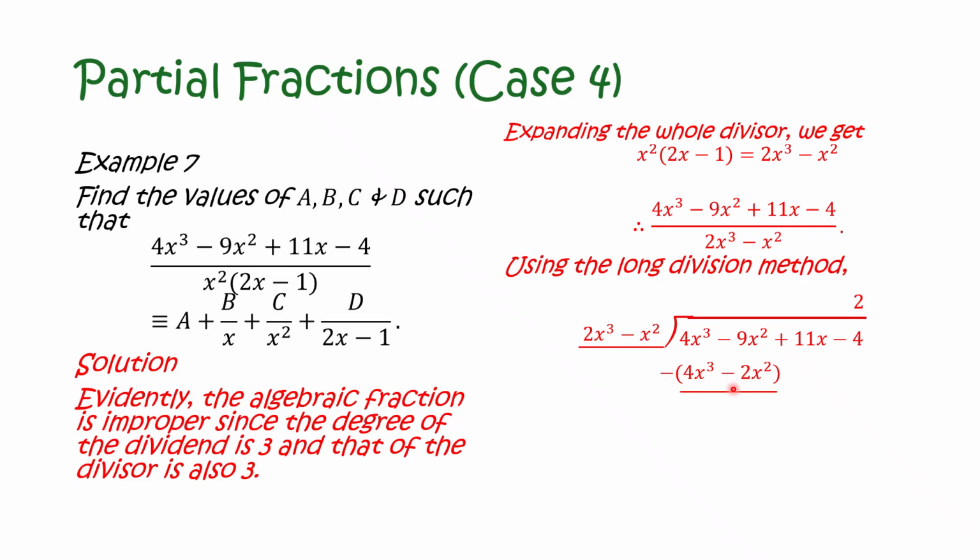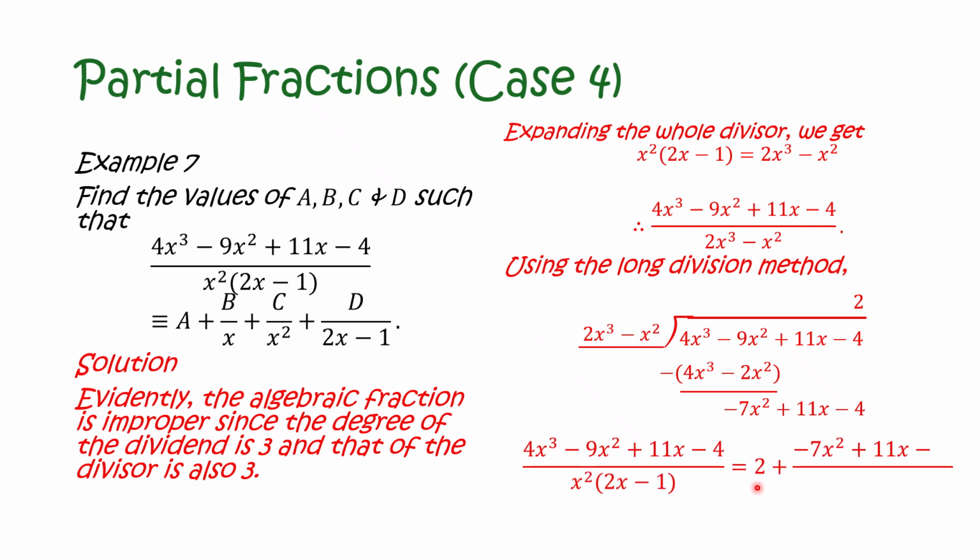Then we subtract that, which we obtained as the quotient times the divisor, from the dividend. Then we get minus 7x squared plus 11x minus 4. Then we see that we can no longer divide this remainder by the divisor. So that will be the remainder.